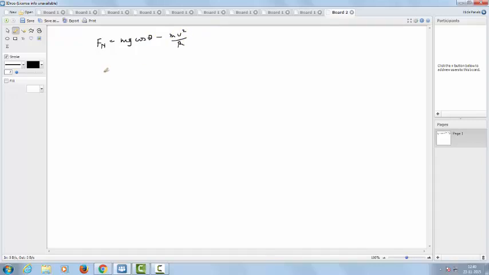The block will leave the surface of the sphere when Fn is equal to 0. So this gives us mg cosine theta equal to mv square divided by r. So we can cancel m from both sides, and we can use the expression for v from equation 1.